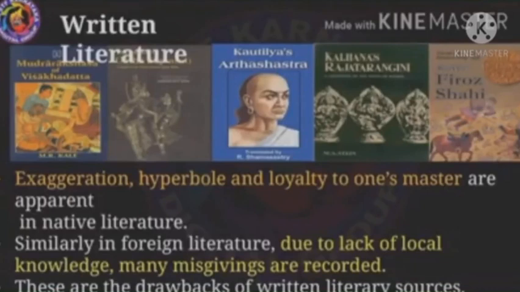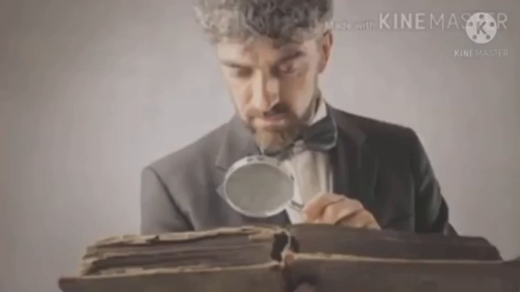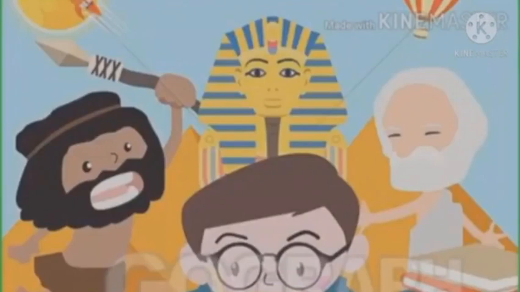Similarly, in foreign literature, due to lack of local knowledge, many misgivings are recorded because they are not aware of the local person or local king or his bravery. These are the drawbacks of written literary sources. Historians have the challenge of writing history keeping in mind all these limitations. So being a historian is not an easy task.